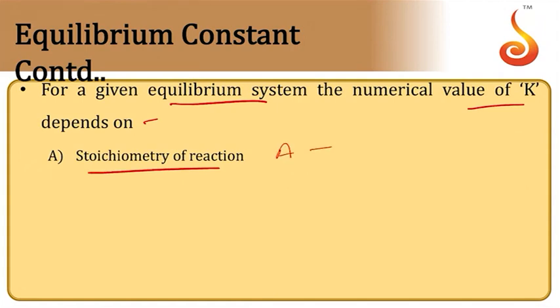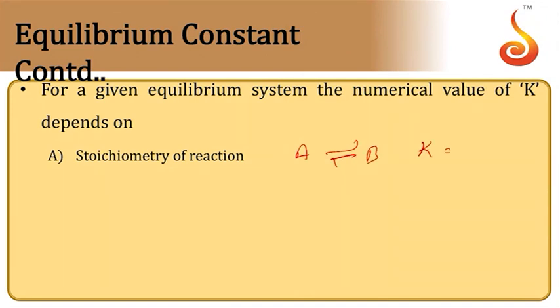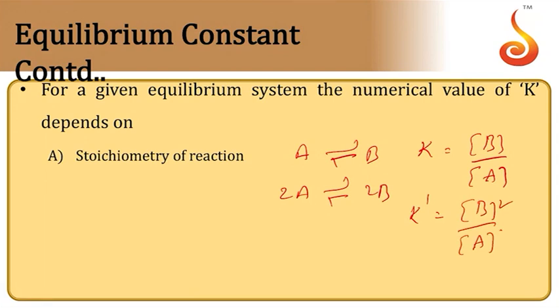Say for a reaction A giving rise to B, the equilibrium constant is given by concentration of B by concentration of A. Now, when you multiply by 2, say 2A giving rise to 2B, then for this reaction K dash will be B square by A square.